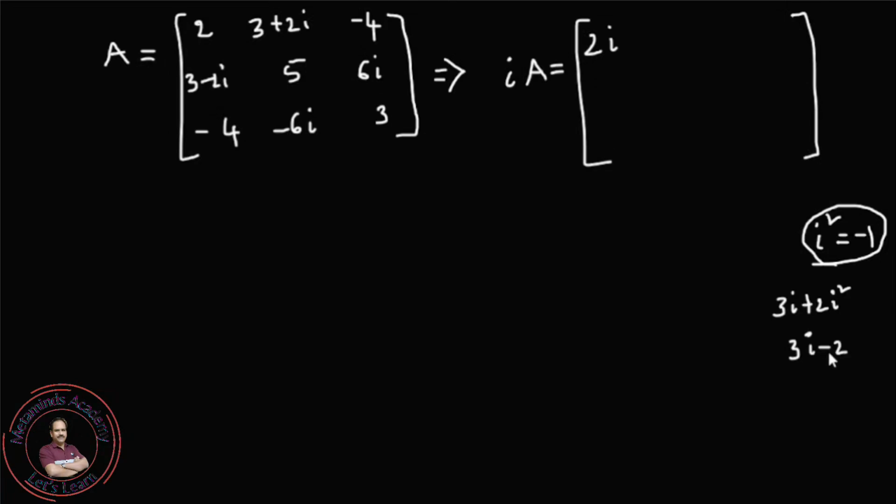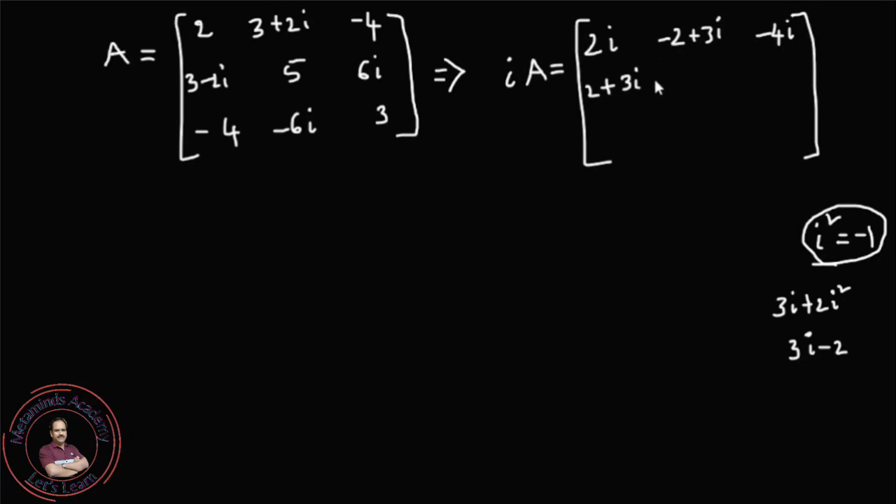So I write it in the form of a plus ib: minus 2 plus 3i. Multiply this by i, you will get minus 4i. This is again 3i minus 2i square, it is 2 plus 3i.